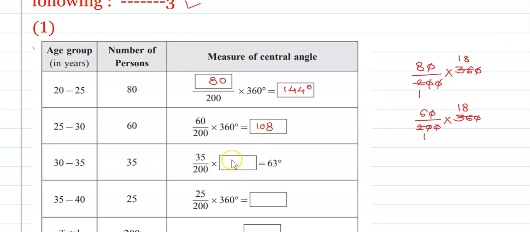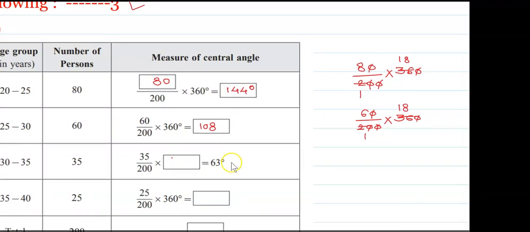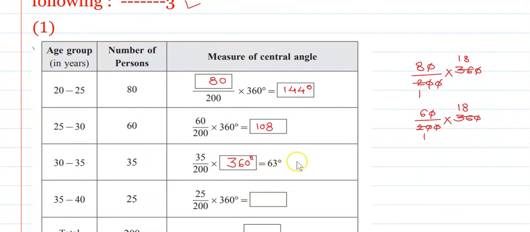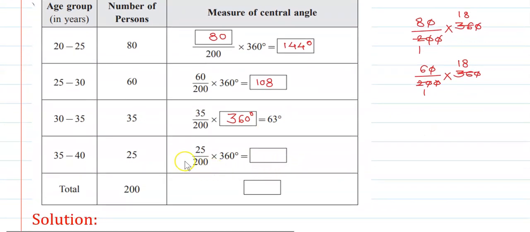And for the next, 35 upon 200 into 360, then you will get 63. Next angle, next simplification, 25 upon 200 into 360. Then you will get 45.